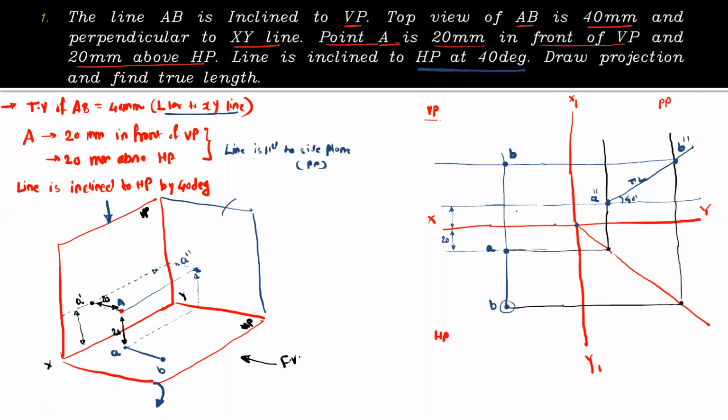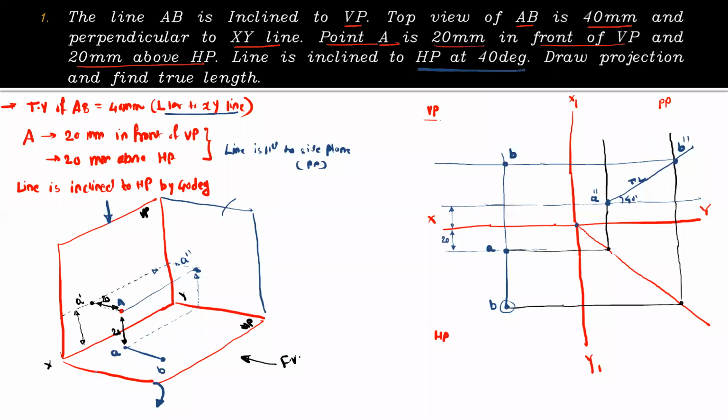This is your point A dash, and this is the front view of the line. So here front view and top view both are perpendicular to the XY line, because line is parallel to the profile plane or this side plane. And in the side view you will get the true length. So this is the true length of the line.